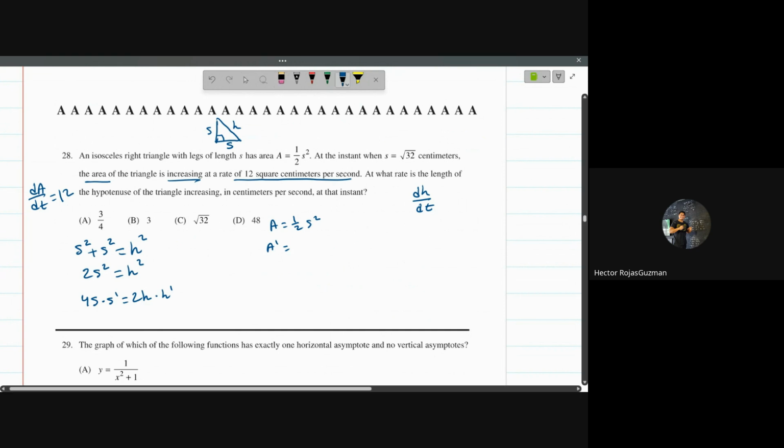Because you bring down the 2 times s prime. So a prime is equal to s prime. At the moment when s is the square root of 32, we know the area is increasing at a rate of 12 square centimeters per second. We can use that to find s prime.